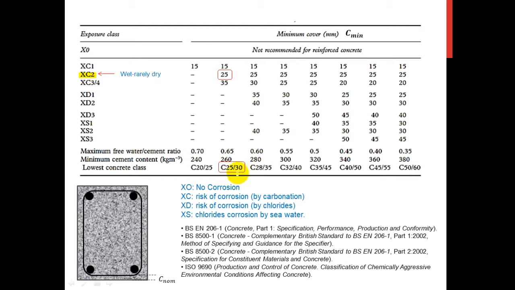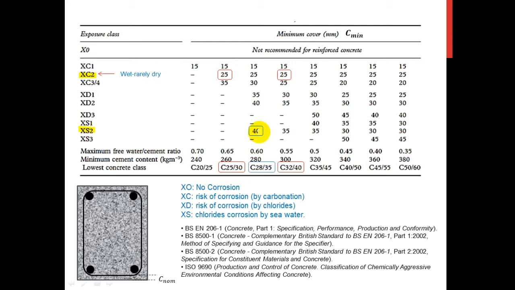So it cannot go beyond it. Now, if I wish to adopt a higher grade of concrete, say class C32/40, then 25 also remains the same. But looking at, suppose, subclass XS2, the minimum cover is 40 millimeter.